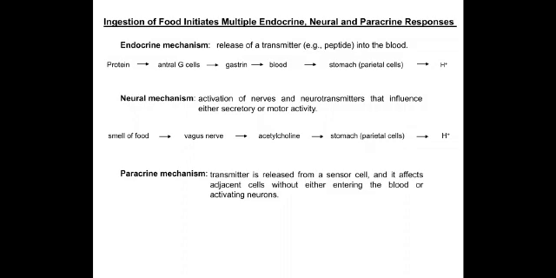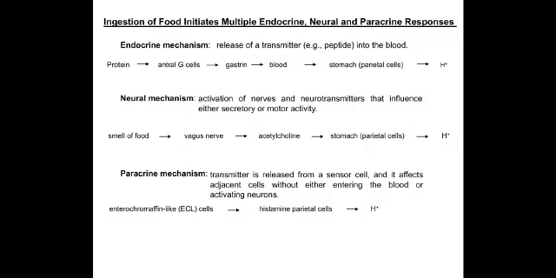This paracrine action is within the stomach. Transmitter is released from the sensor cell and it affects the adjacent cells without either entering the blood or activating the neurons. Enterochromaffin cells, which are stimulated during stress, cause the release of histamine, which in turn causes the parietal cells to release HCl.